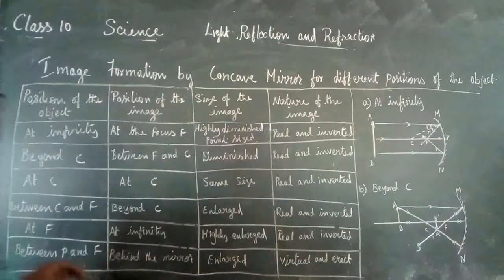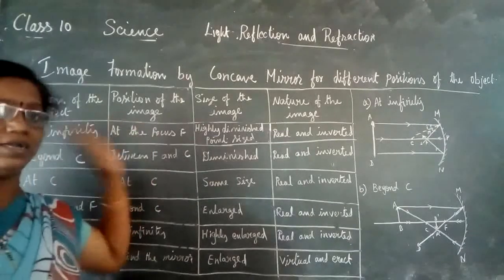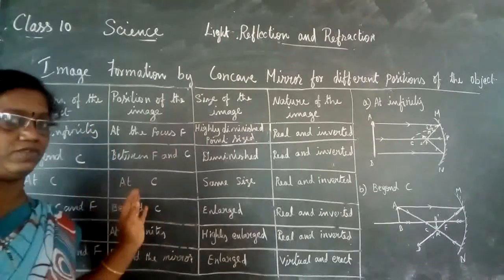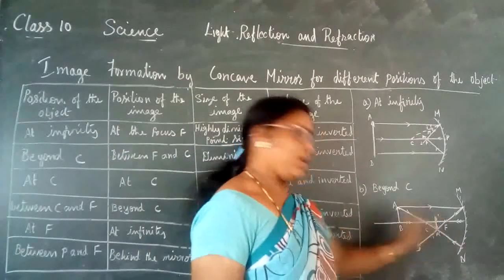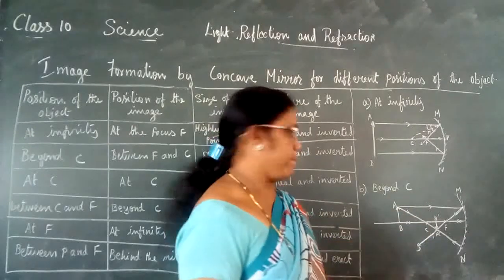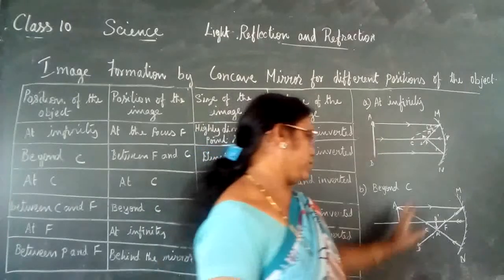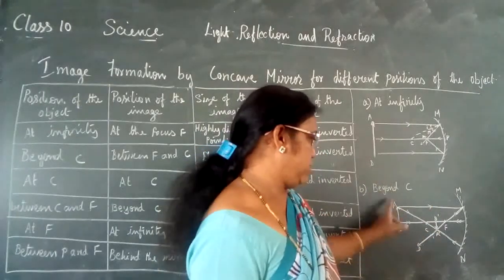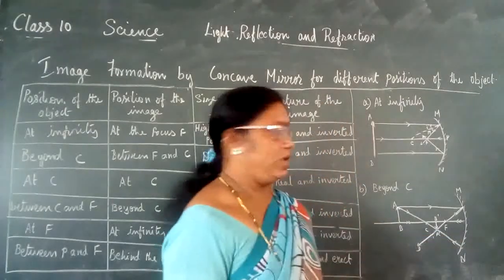Okay, now first we have considered the object which is at infinity. Now imagine the object is beyond C. When the object is beyond C, away from C, here AB is the object and this is the principal axis.